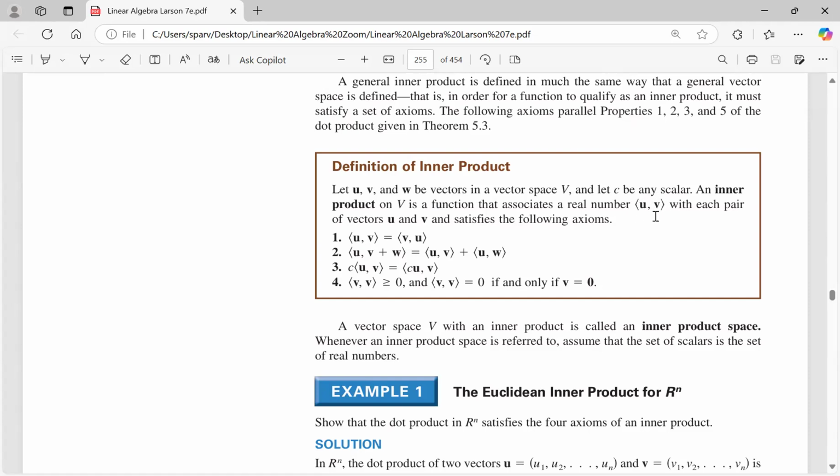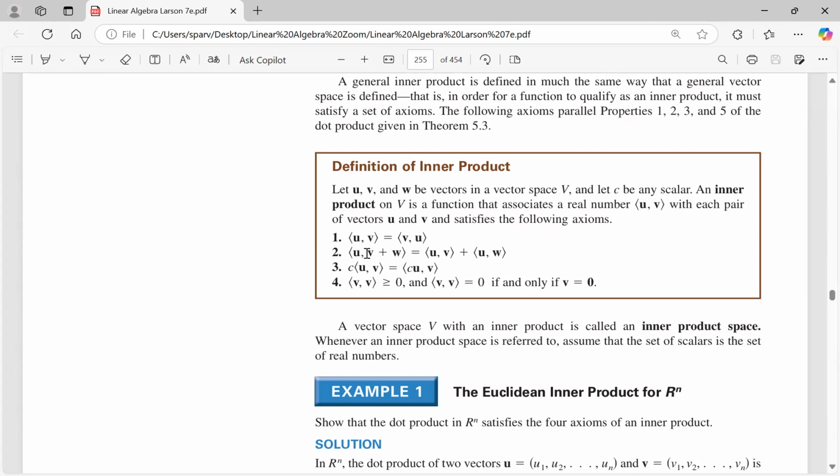Remember, this is a dot product. If you think of it as that, then everything here will make sense. Axioms 1, 2, 3, and 4 make sense, with each pair of vectors satisfying the following axioms. 1. Remember, in the previous section, we said U dot V equals V dot U. That's exactly the same thing, folks. So the inner product, instead of dot product, the inner or dot product of U, V is equal to V, U.